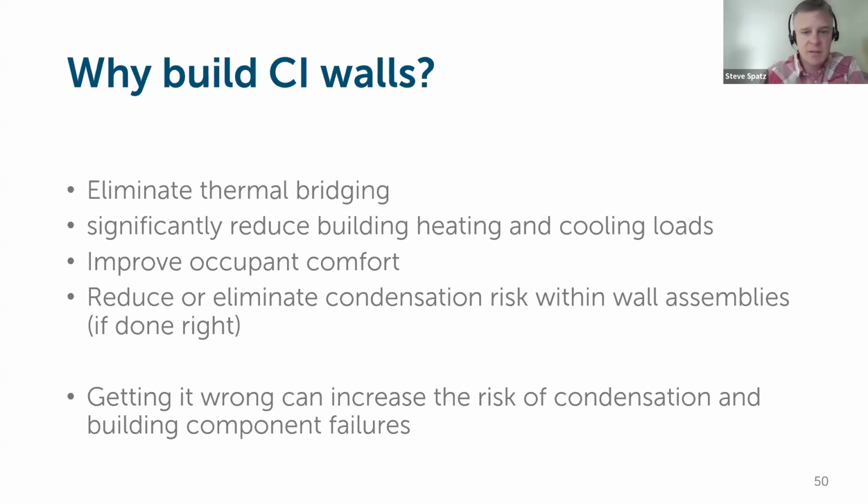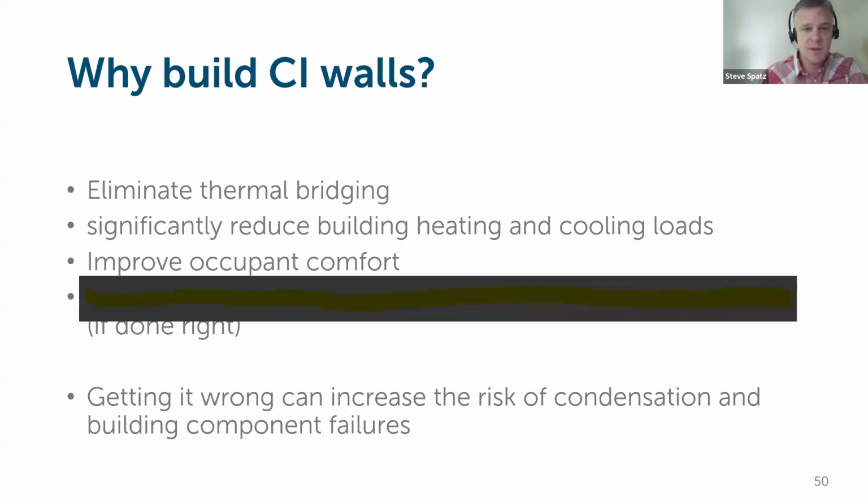So it eliminates the heat transfer through those structural components, which has a pretty big impact on your heating and cooling loads for the building, and gives more consistent comfort throughout the building. And done right, it can eliminate the risk of condensation occurring within wall assemblies. But if it's done wrong, or with not everything considered in the equation in those assemblies, you can increase the risk of condensation and damage occurring in building assemblies.